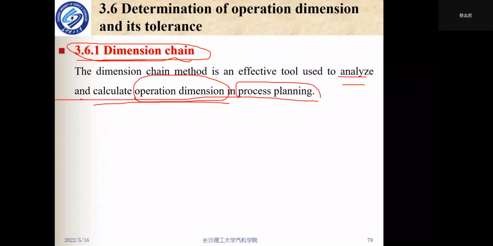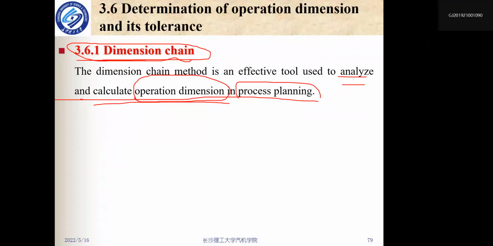So the dimension chain is very important in our class of this book. I will repeat the definition of dimension chain, and then maybe I will raise a question, and some students may answer me.